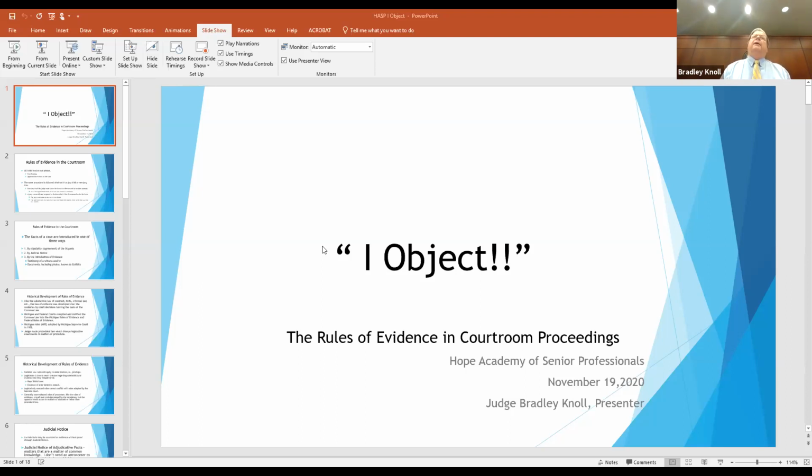But there doesn't need to be an eyewitness to convict. Evidence can consist of eyewitness testimony, or it can consist of circumstantial evidence. Circumstantial evidence is every bit as valid as direct evidence that a person saw or heard.